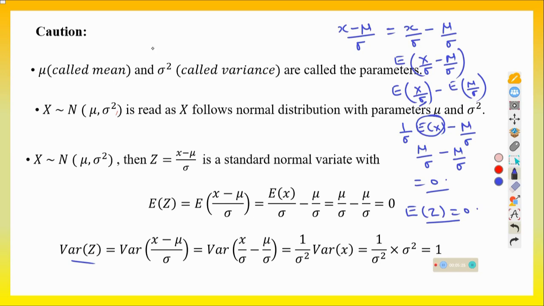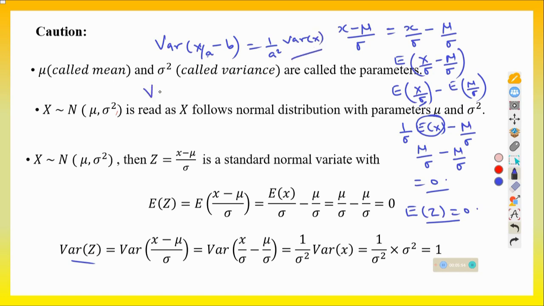So if we recall some of the properties of variance, if you have the variance of x divided by a constant a, minus any other constant, only x is affected, but the constant must come out as a square. So 1 over a squared times the variance of x. So that is what you get.